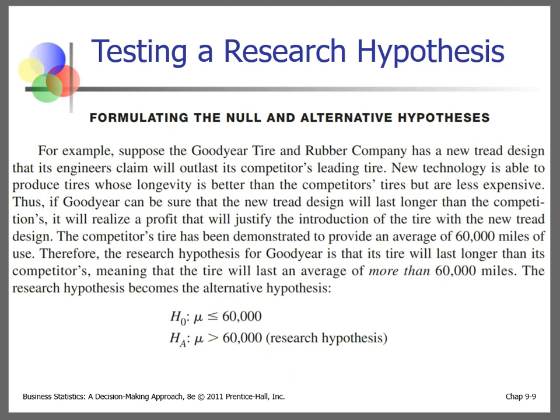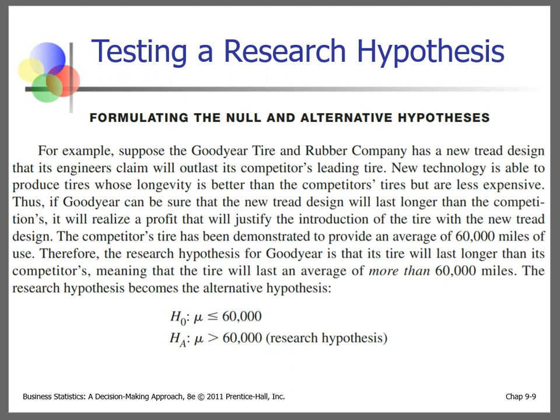The competitor's tire has been demonstrated to provide an average of 60,000 miles of use. Therefore, the research hypothesis for Goodyear is that its tire will last longer than its competitor's, meaning that the tire will last an average of more than 60,000 miles.